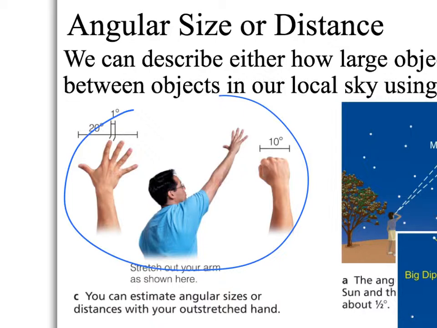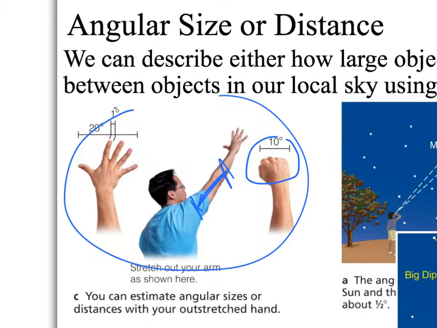So if you extend your arm, most people, when they extend their arm and hold out their fist, that is 10 degrees. It's basically 10 degrees of an arc, 10 degrees of 360 all the way around you.